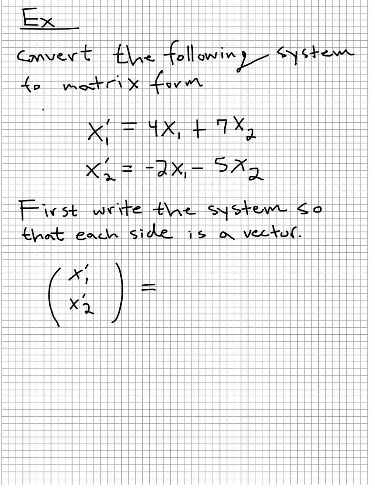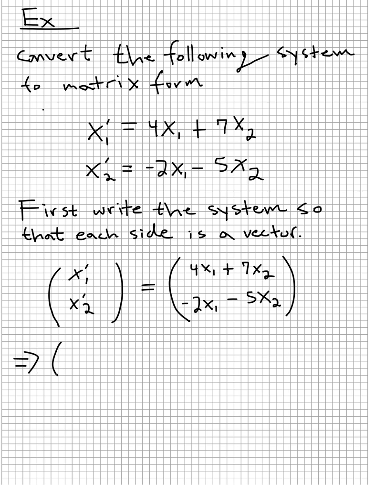And this is going to equal our two equations, which will be 4x1 plus 7x2, and then minus 2x1 minus 5x2, like this.